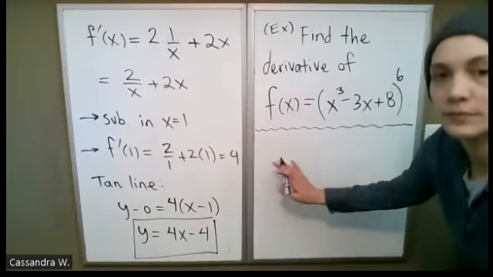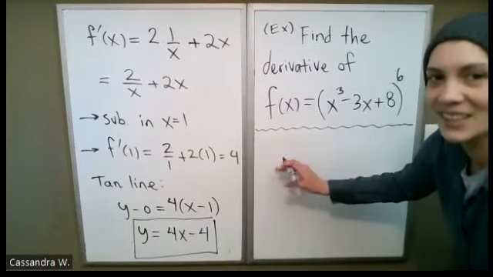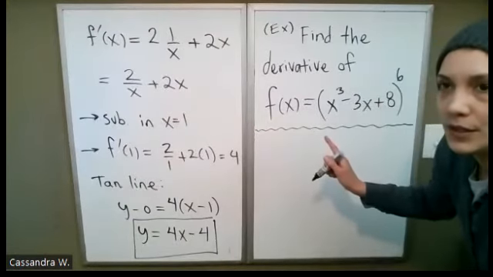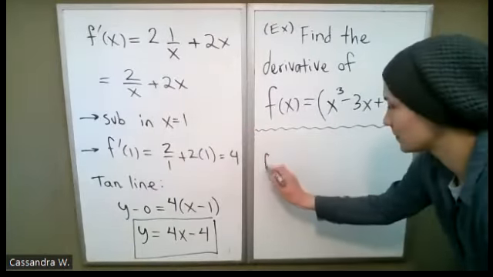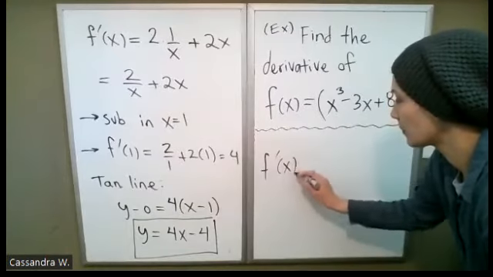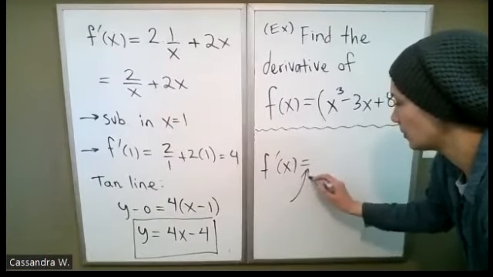We're using chain rule for this one, right? Yeah, for sure. So f prime of x equals, okay, that's the chain rule first.